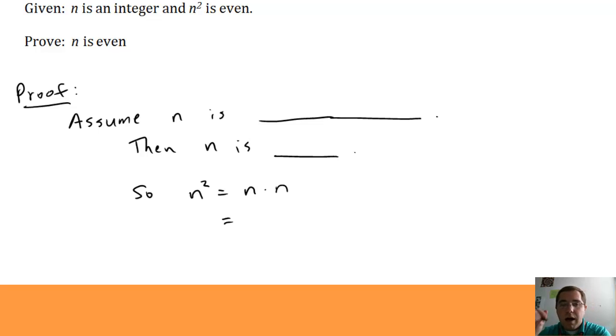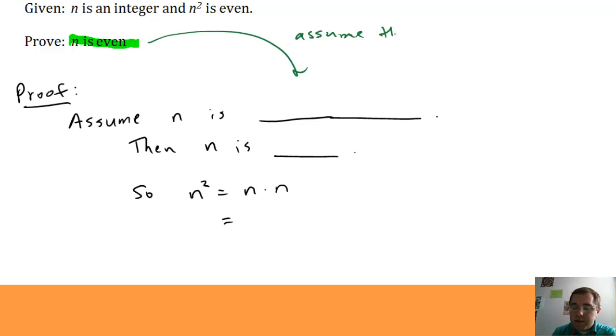You assume the opposite of what you want to prove. If we want to prove that n is even, we are going to assume the opposite of that, which means we're going to assume that n is not even.